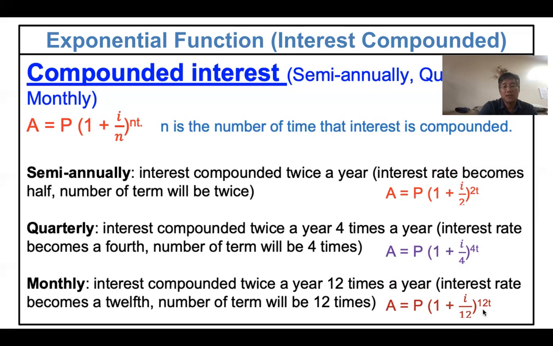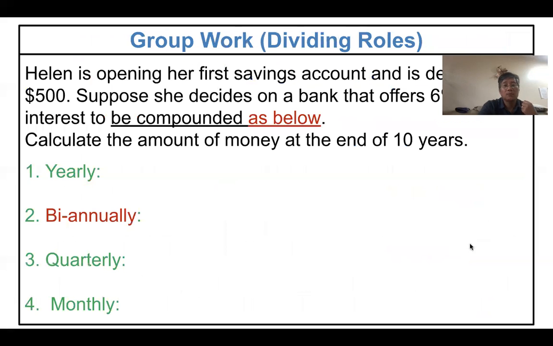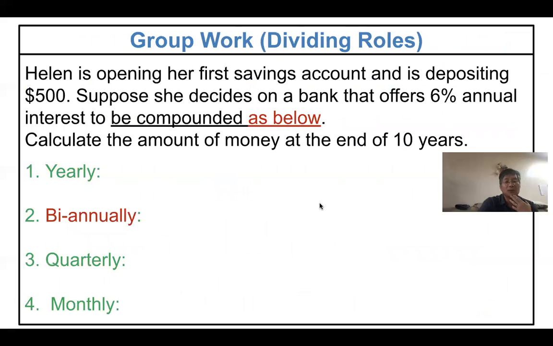A common mistake: people add 1 plus the interest rate, and then divide by 2. That will be wrong. That is a common mistake, so please be careful with it. So with this example, let's try all of them.